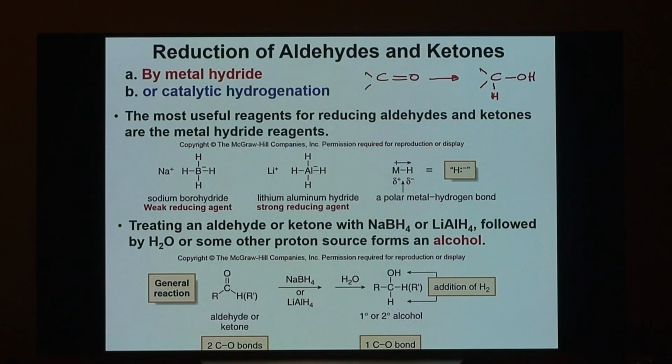Notice what we did over here. We took away the double bond and we added two hydrogens. You break the double bond and you form two sigma bonds in there. The reaction is really simple.